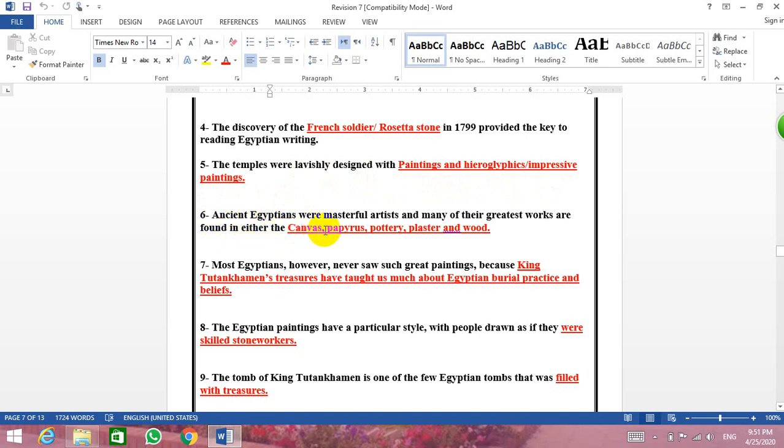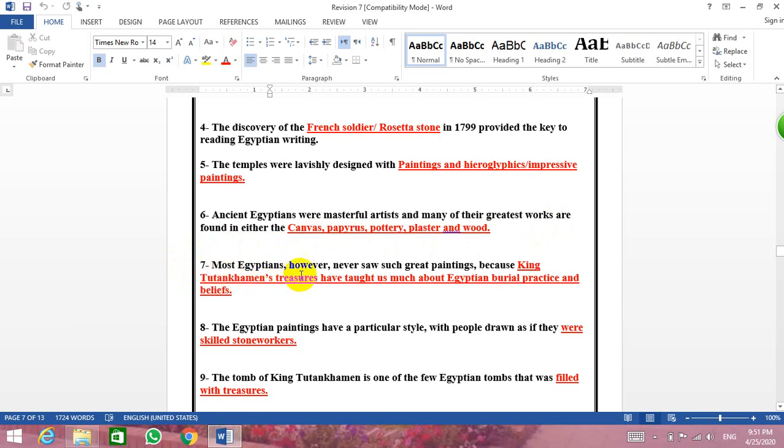Number 6. Ancient Egyptians were masterful artists and many of their greatest works are found on canvas, papyrus, pottery, plaster, and wood. For writing, they were using these things. Point number 7.